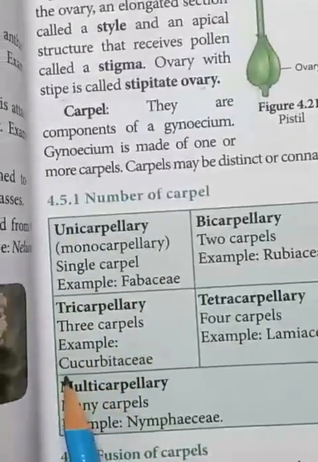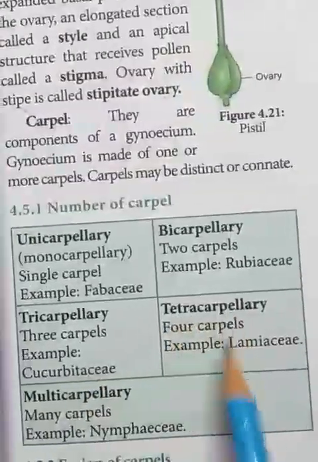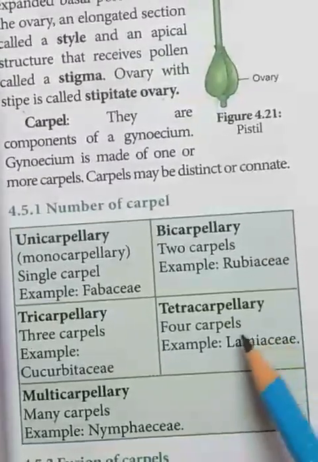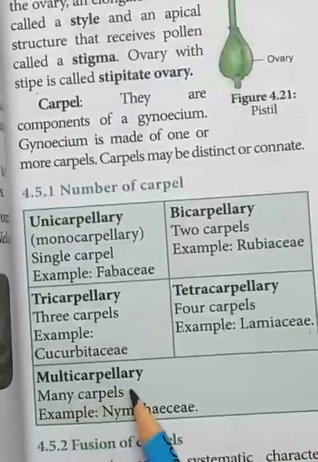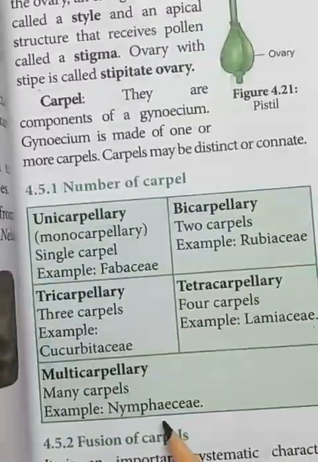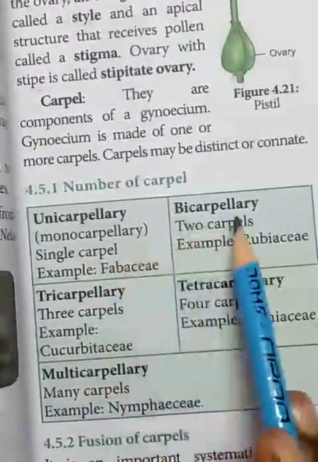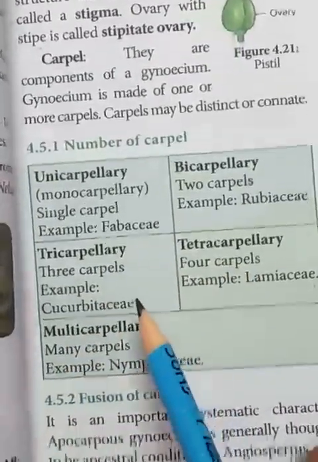Example we can find in Cucurbitaceae. Next, tetracarpellary, four carpels are present inside the ovary. This we can find in the members of Lamiaceae. Multicarpellary, many carpels are there. This we can find in the members of Nymphaeaceae. So based on the number of carpels, they are classified as unicarpellary, bicarpellary, tricarpellary, tetracarpellary or multicarpellary.